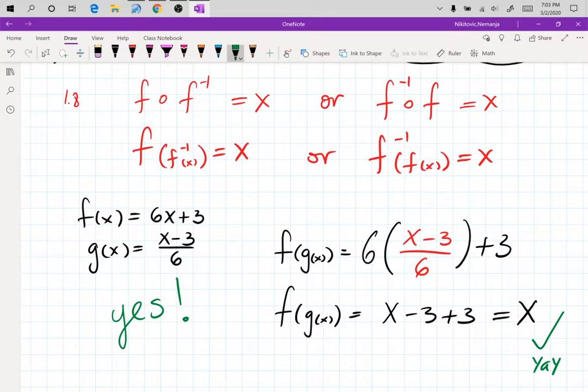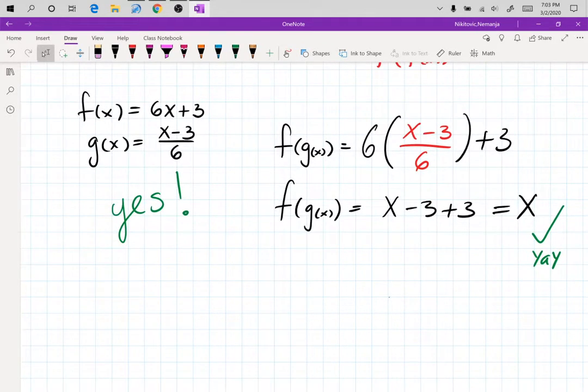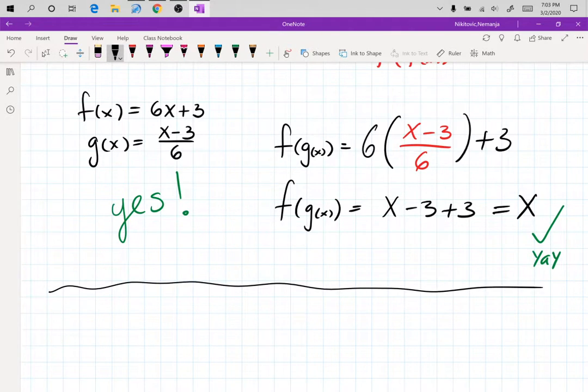You will do function composition to check, right? So it could be a 3-step problem: check horizontal line test, check the procedure to swap x and y to find an inverse, and then do algebra correctly. And finally, this particular problem, which was to check if the functions are inverses.